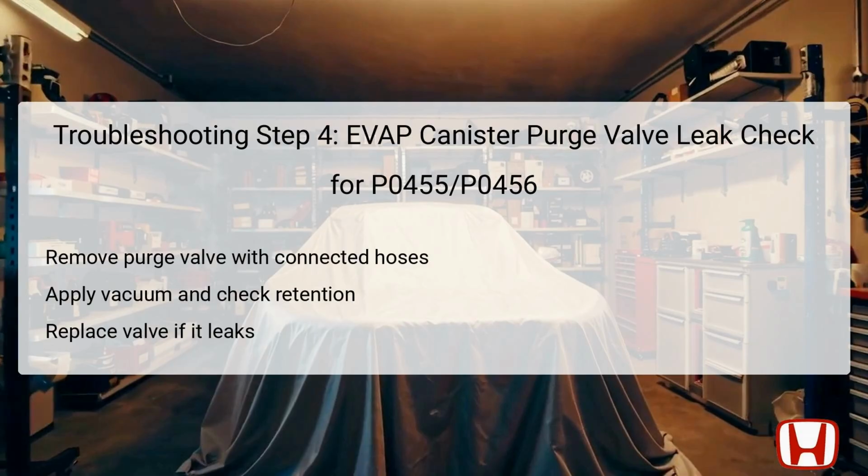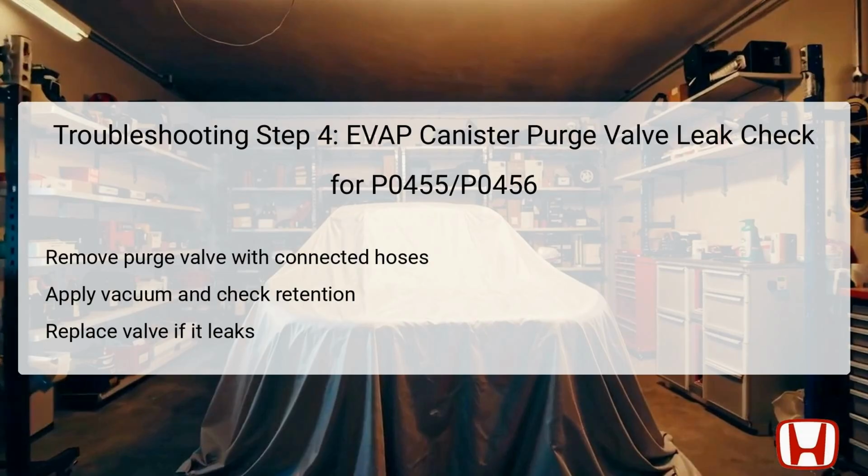In the fourth step, the EVAP canister purge valve is removed while keeping the connector and vacuum hose attached. This allows for a controlled leak check. After the removal, disconnect the vacuum hose and attach a T-fitting along with a vacuum gauge and pump.